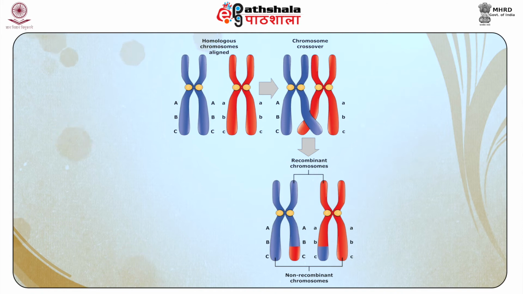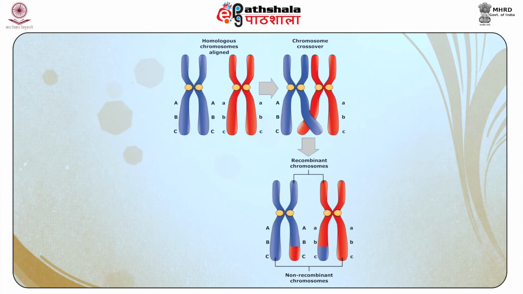Physical crossing over during meiosis I is a normal event. The effect of this event is to rearrange heterozygous homologous chromosomes into new combinations. The term used for crossing over is recombination.